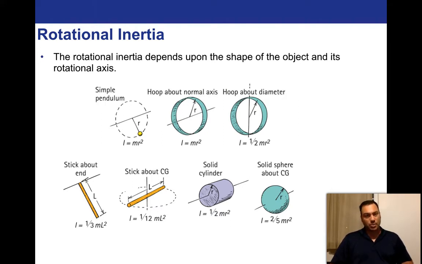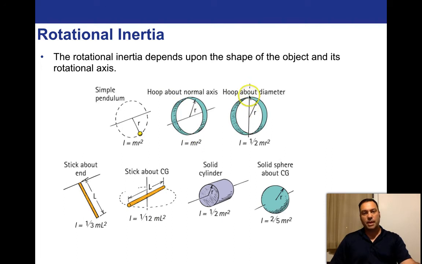We're just going to have some equations here, and you may or may not find them useful when you're going through the homework. Rotational inertia depends upon the shape of the object and its rotational axis. So in a simple pendulum, its inertia equals mass times the radius squared. But if you have a hoop about a normal axis, so the axis goes right through the middle of the hoop, right? It doesn't actually touch the metal, it goes right through the middle, and you spin it around in a circle like a hula hoop. This would be the inertia.